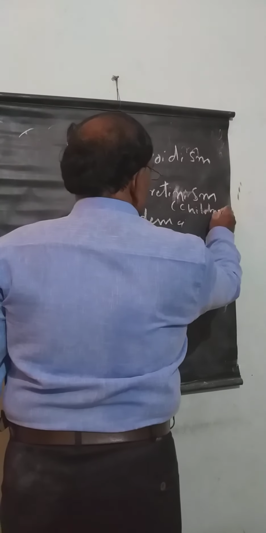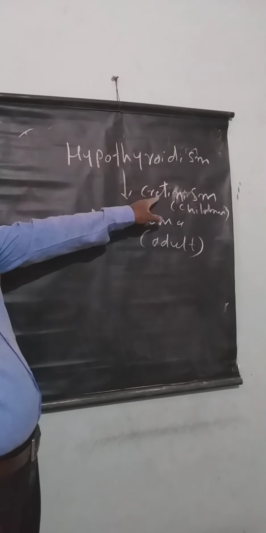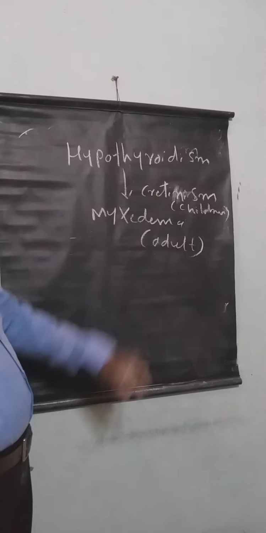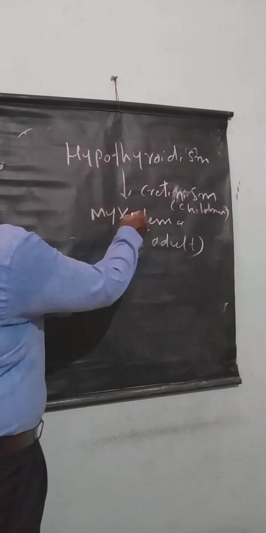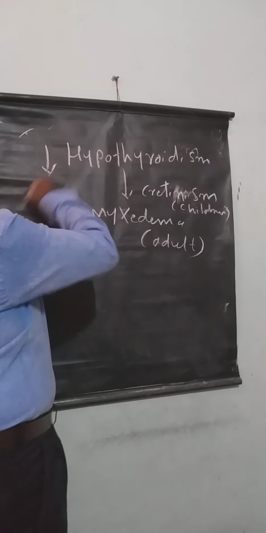Cretinism means idiotic behavior; children behave in an idiotic way. In myxedema the adult will be very slow and gain weight. Hypothyroidism: the secretion is less.